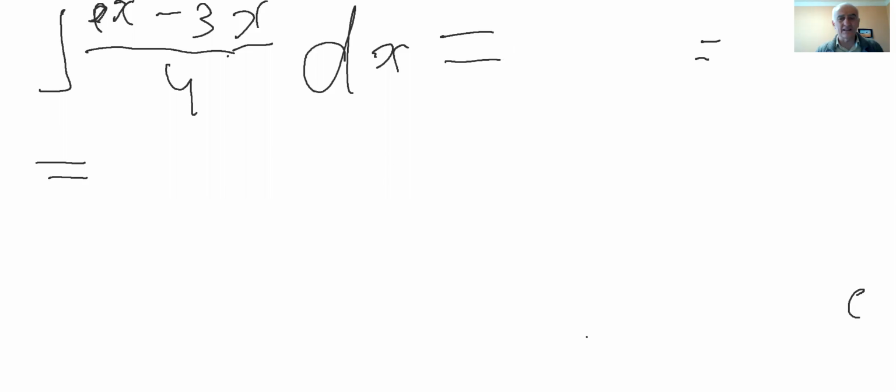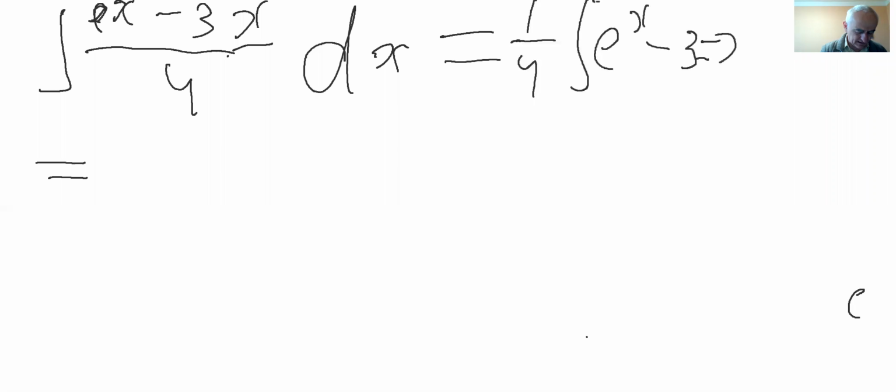As for this example, here we have a constant, and this constant in the integrand function is not 4 but 1 over 4. So 1 over 4 we can move out across the integral sign, and in the integral we have e to power x minus 3x dx.